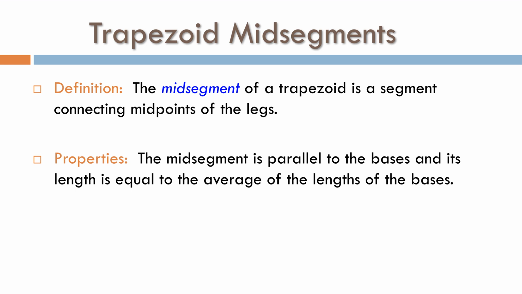Add up the bases, divide by 2. And so you can imagine the types of problems. Here are the two base lengths, how long is the mid-segment? Here's the mid-segment and one of the bases, how long is the other base?